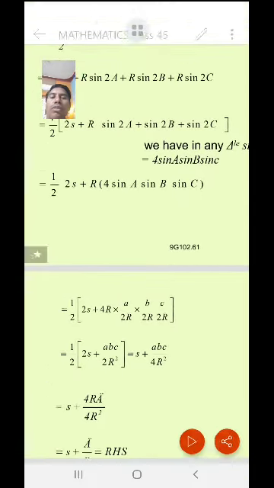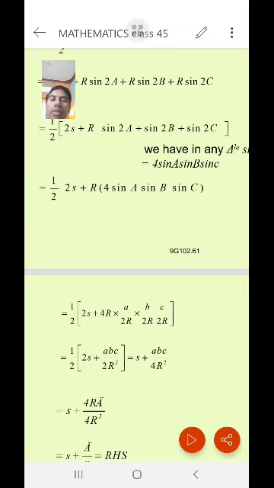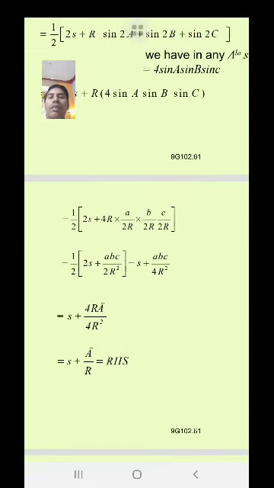So 1 by 2 into 2s plus, if we take the 4 with R, so 4R into sin A, from the sine rule we can write a by 2R. Similarly sin B is b by 2R, and sin C is c by 2R. So half into 2s plus abc by 4R, 4R gets cancelled, the remaining is 2R square.